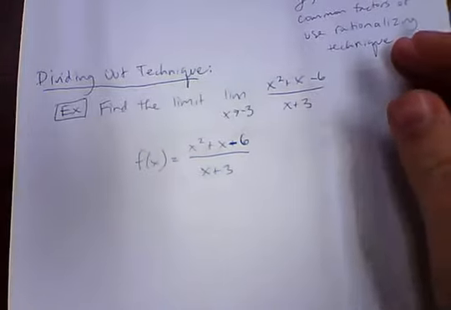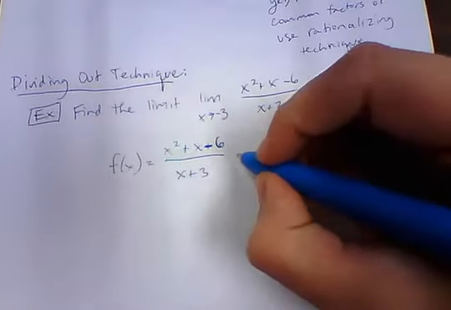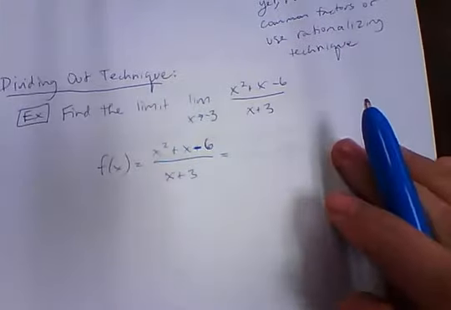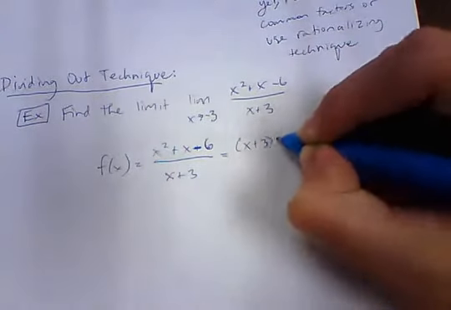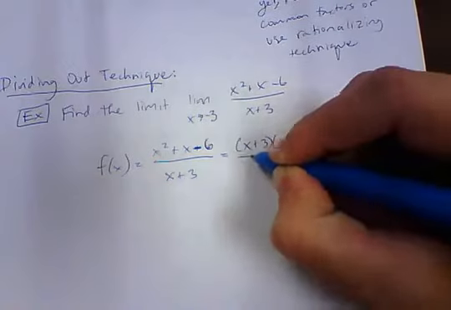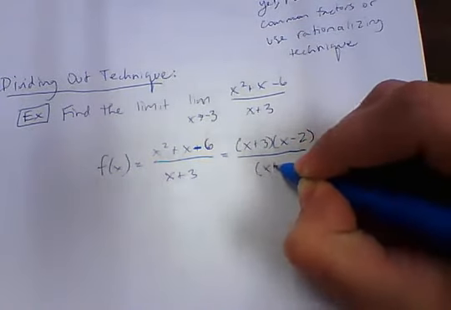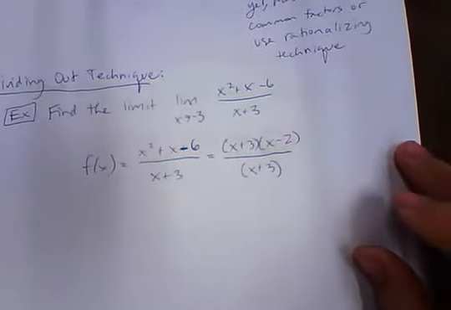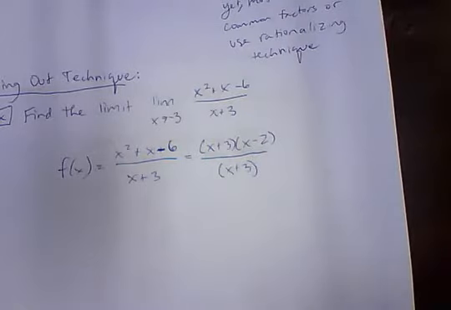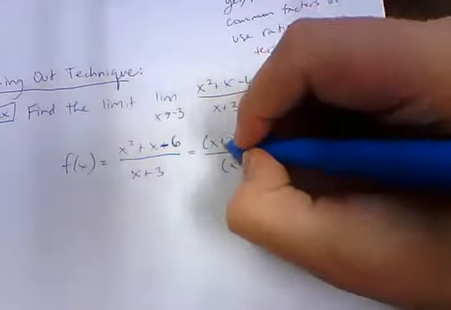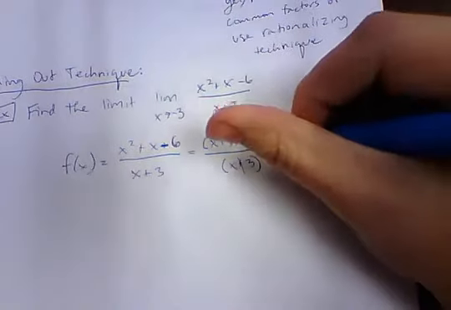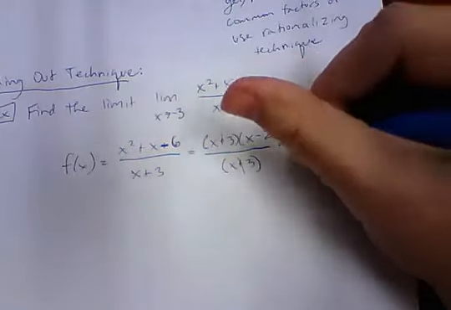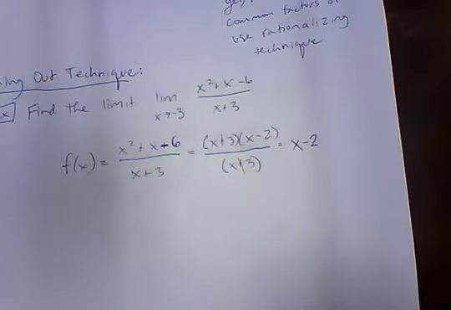Well, we are so good at factoring by now that we can tell this top trinomial can be factored as x plus 3, x minus 2, and on the bottom we still have x plus 3. And check it out, now we get to cross out our top x plus 3 and our bottom x plus 3, and we are left with a new function, x minus 2.